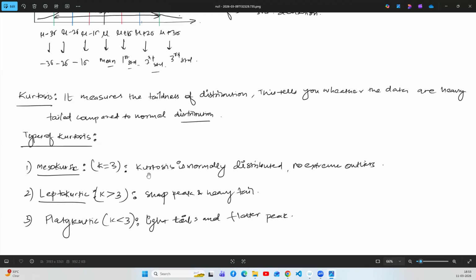If the peak is greater than the peak of the normal curve, it will have extreme outliers due to the heavy tail and sharp peak. Whereas a light tail and flatter peak will be below. If your peak is below the normally distributed curve, then it is platykurtic. If your peak is sharper than the normal curve, it is called leptokurtic.